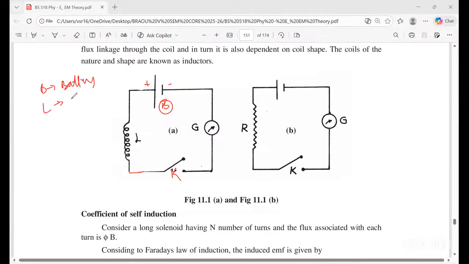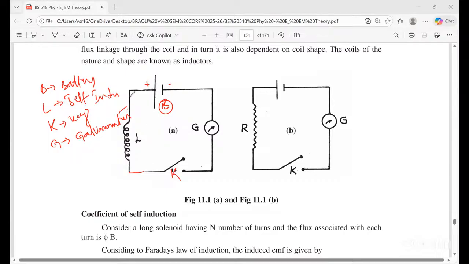L is an inductance, the self-inductance of a coil. And K is a key. And G, what do you mean by G? G is a galvanometer. Okay, so that is the thing here.